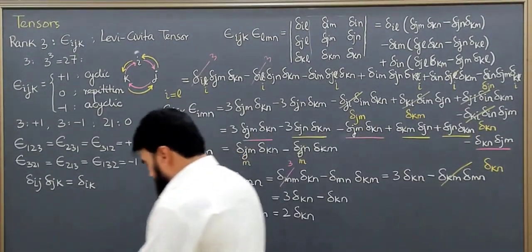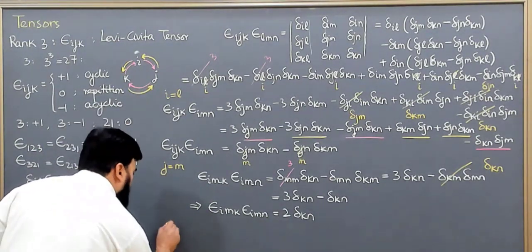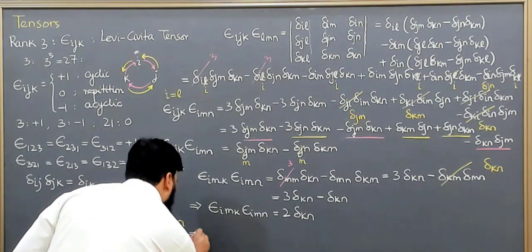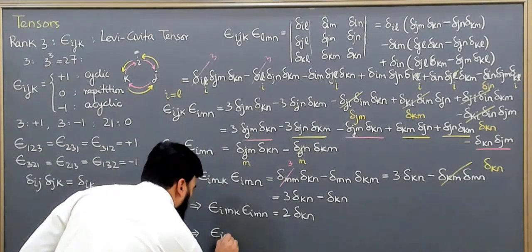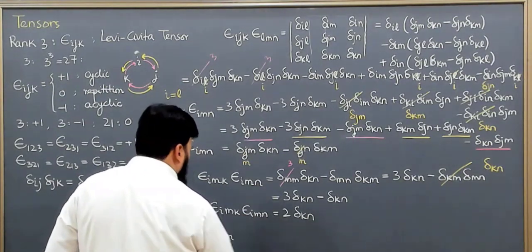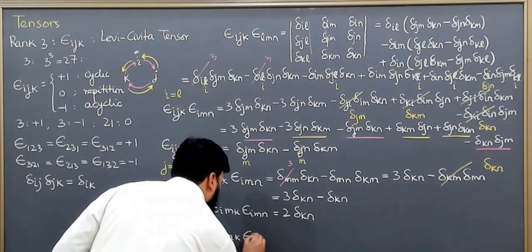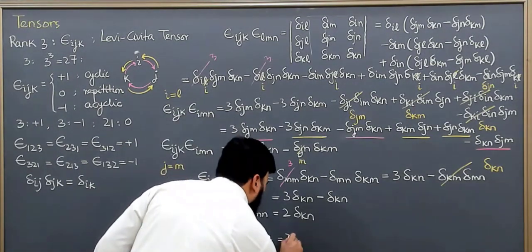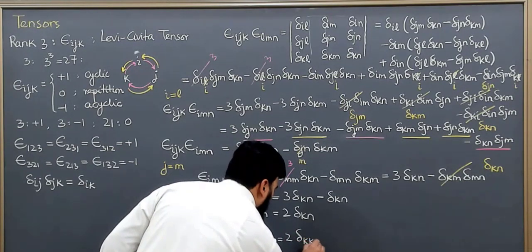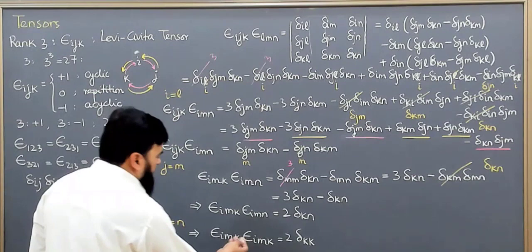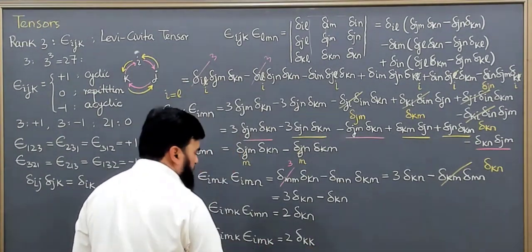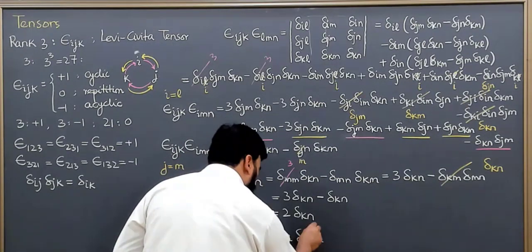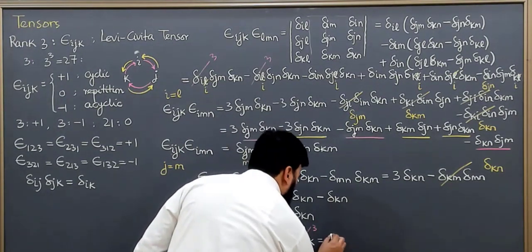And when the third index is also the same, like we are having now k equals n, this will imply epsilon imk and epsilon imk, equal to 2 times delta kk, and this will again give us 3 here, and the result will be equal to 6.